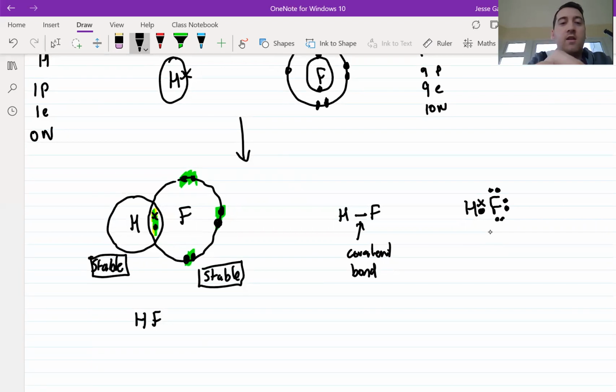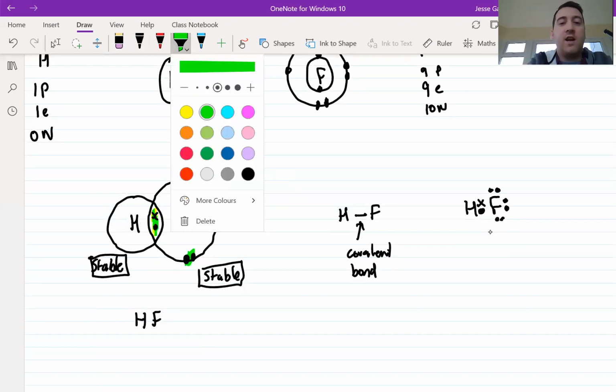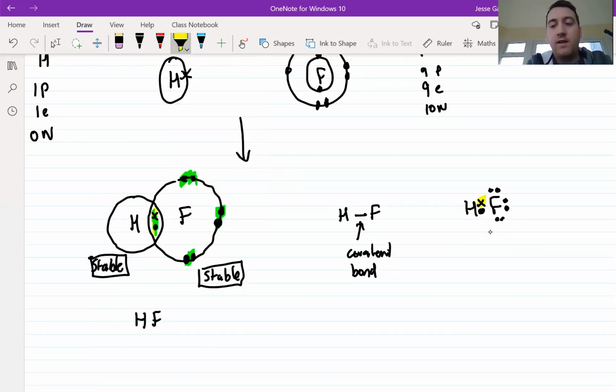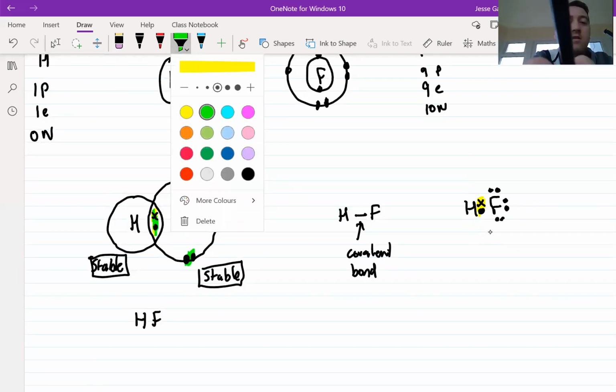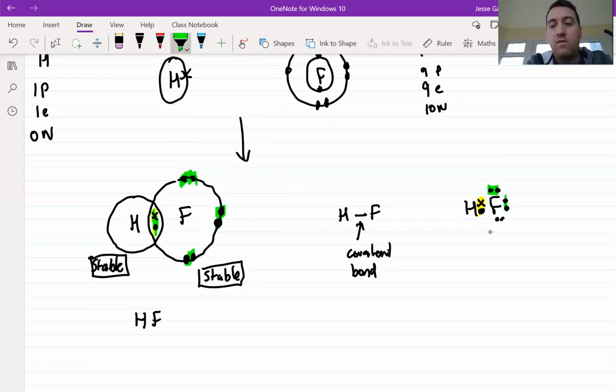So as you can see, hydrogen has a share of these 2 that are in between, like this. And fluorine has its own 6. Here we go, here's 2, 4, 6, and it's also got access to the shared pair, so it's got a share of 8. Okay, this is a simplified diagram.